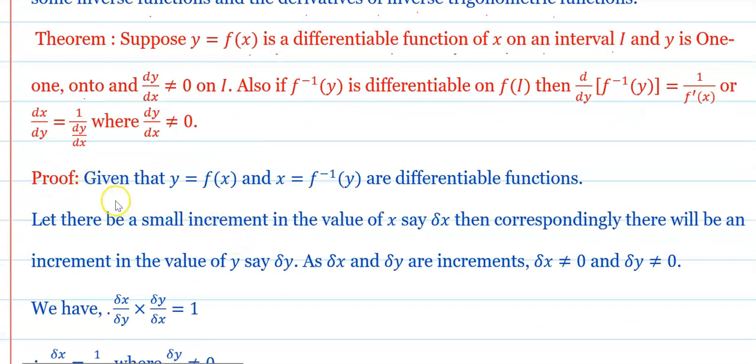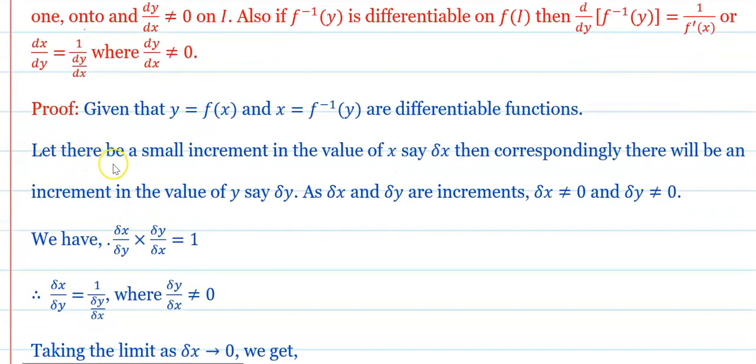Given that, now the proof. Given that y is equals to f of x and x is equals to f inverse of y are differentiable functions. Both x is equals to f of y and its inverse are differentiable functions. Let there be a small increment in the value of x, say delta x, then correspondingly there will be an increment in the value of y, say delta y.